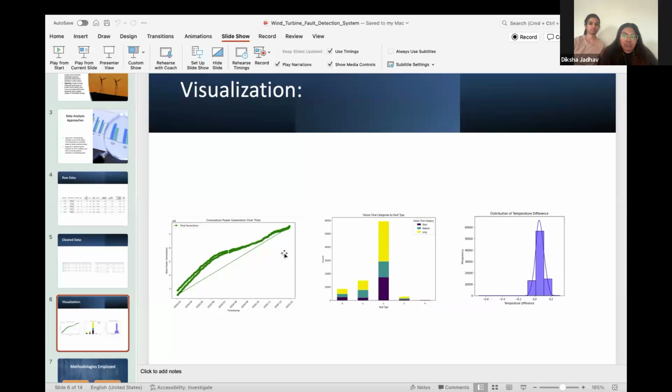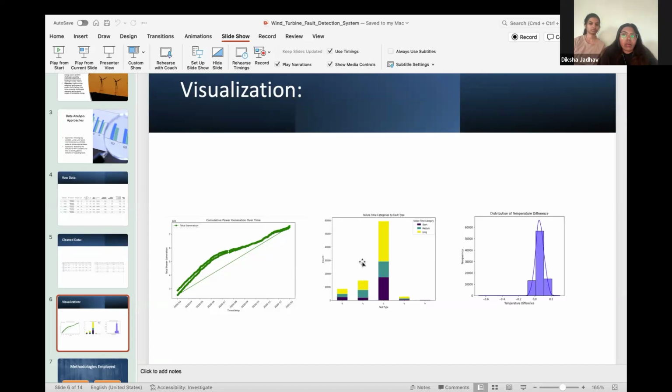Next up, we have failure time categories by fault type. According to this stacked bar chart, we can see that fault type 2 is the main cause of prolonged failures, highlighting regions that need urgent attention to increase turbine efficiency.